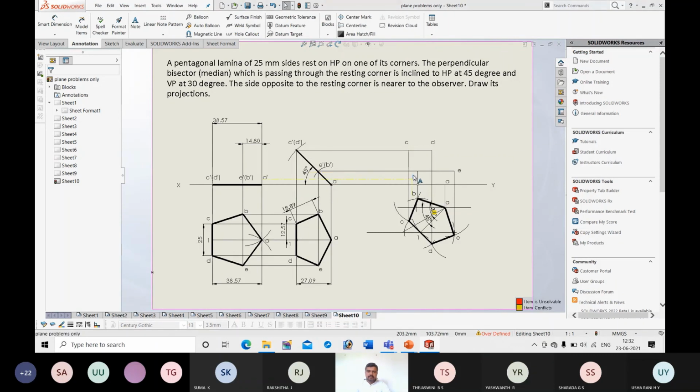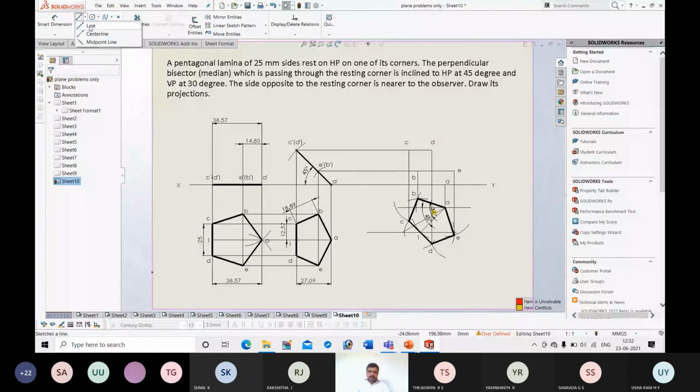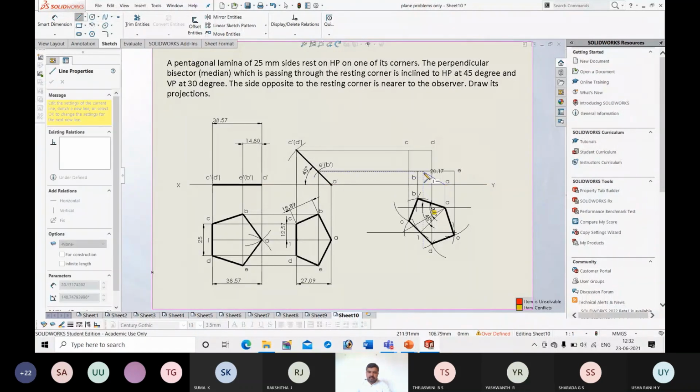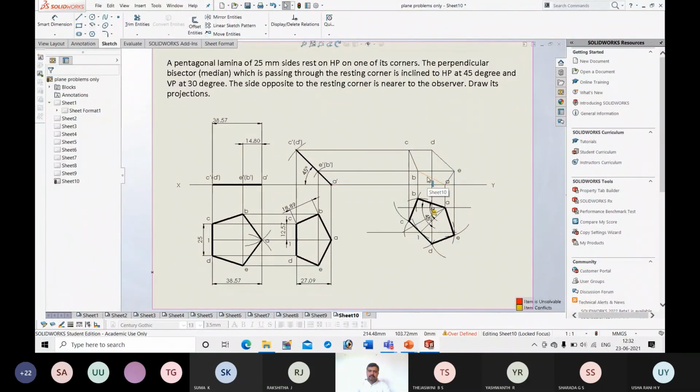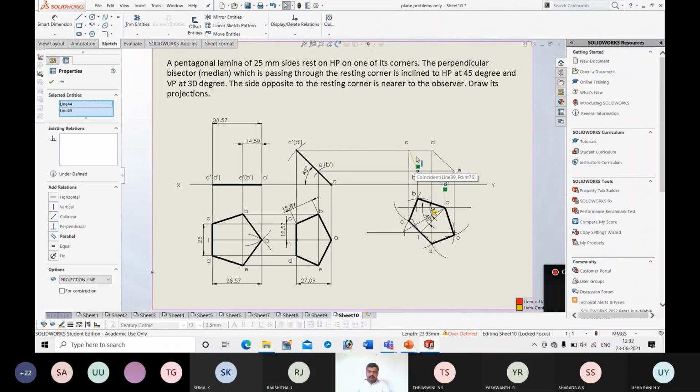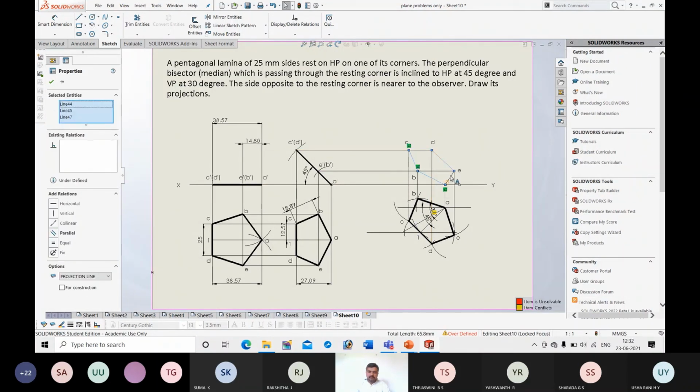Okay, next connect these points: A to B, B to C, C to D, D to E, E to A. So I will increase the thickness of these lines.